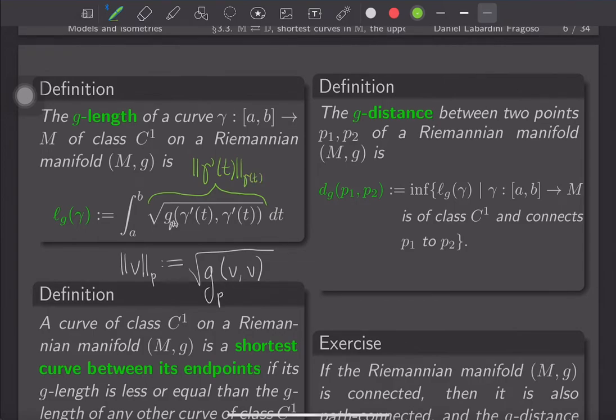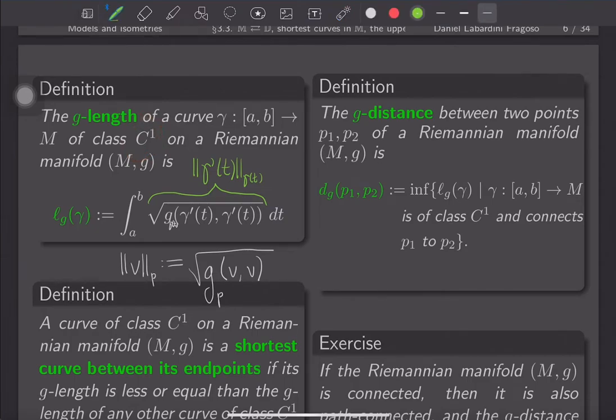I integrate this function with respect to t. For each t in the interval, this is a real number, so speaking about this integral makes perfect sense, because the curve is of class C1. Okay, now, what's the idea?